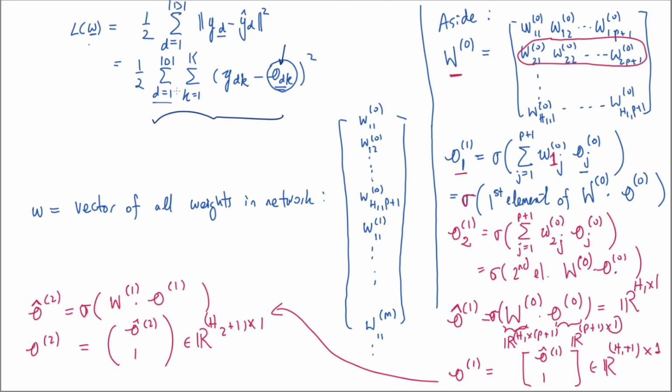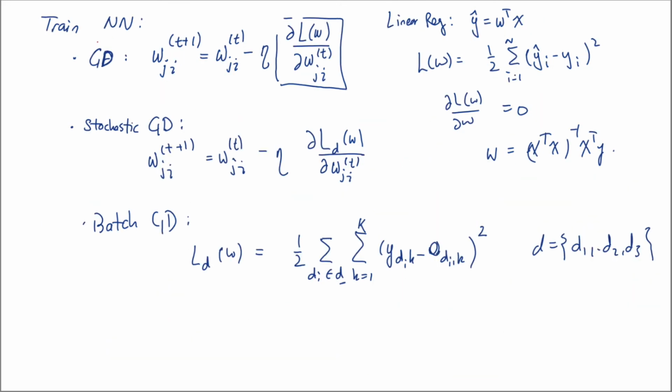The data points have to be randomly sampled for this to work. Stochastic gradient descent is where we just do it over a single data point, so this is just the loss associated with a single data point. The reason I'm going to walk through this particular approach is that it makes the math slightly less tedious.